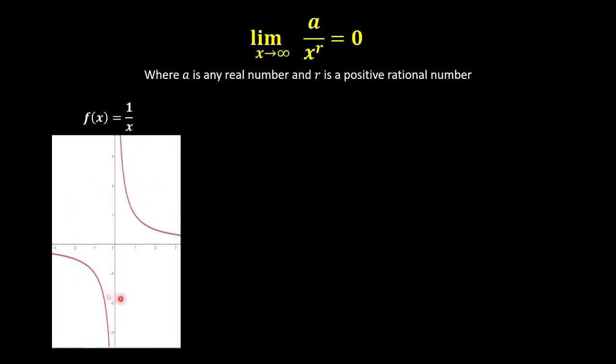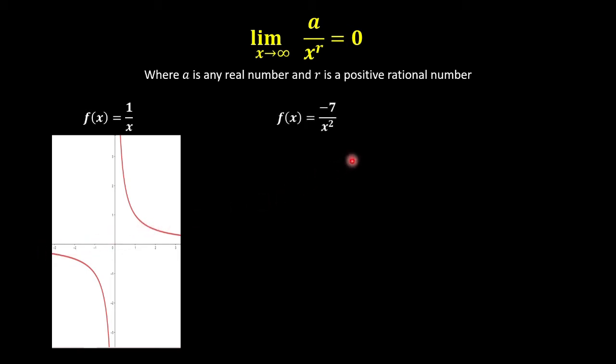So this is the graph of 1 over x. As you can see on the behavior of our f of x, as x increases its value without bound, the y value approaches 0. On the other hand, as x decreases its value without bound, y approaches 0.